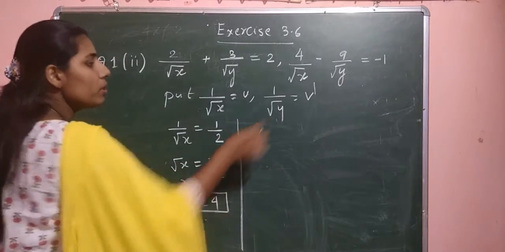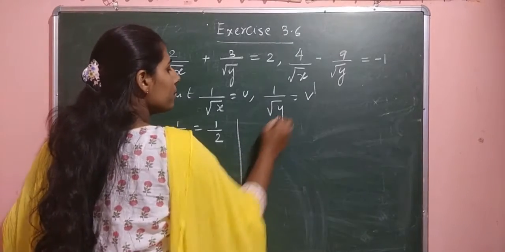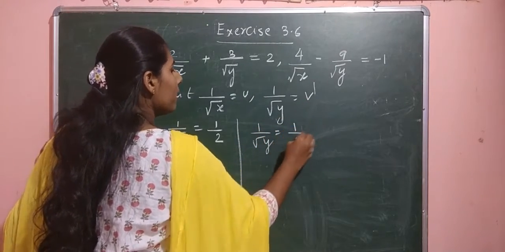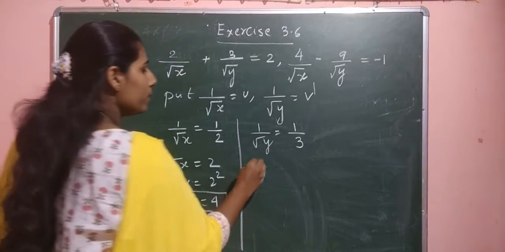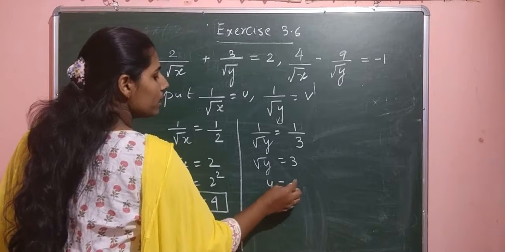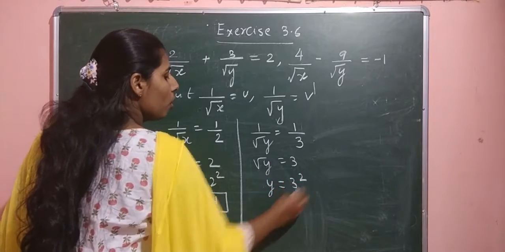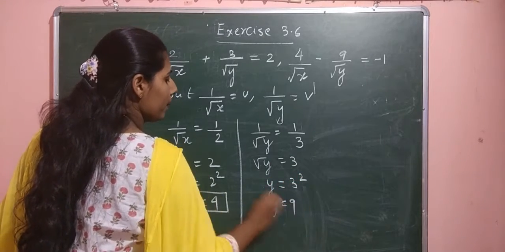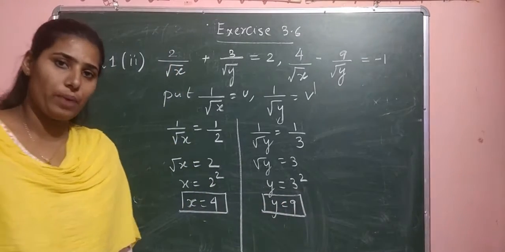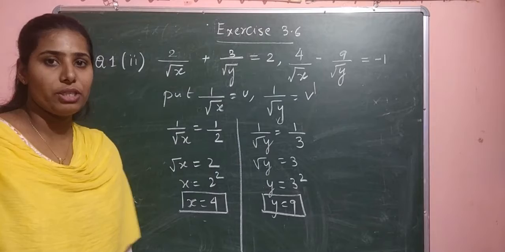And similarly we will do here. What will I get from here? 1 by root y is nothing but v, which was 1 by 3, right? So we will get root y is equal to 3, or y will be 3 square, or y will be equal to 9. So hence these are the two values of x and y. Right? I hope you have understood.